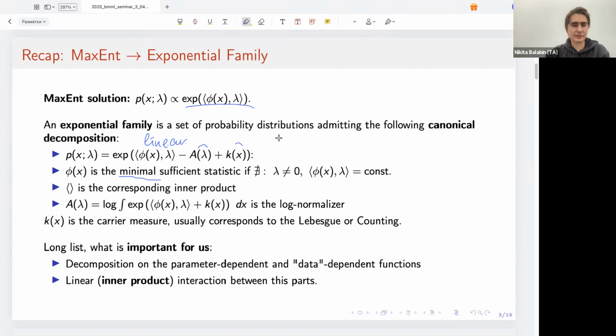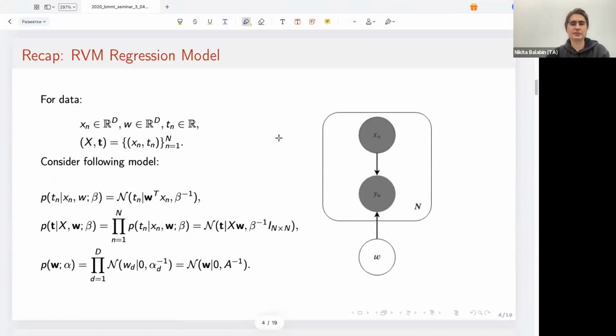And on the second seminar, we discussed the relevance vector machine for regression tasks. There we also have some data, some parameters, and targets. And we consider the following model as a Gaussian distribution with the following parameters.